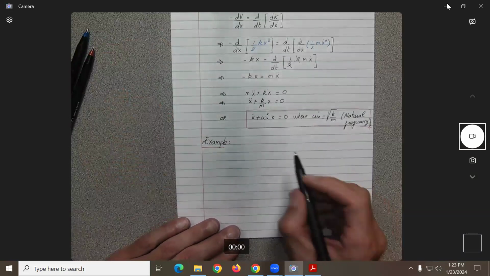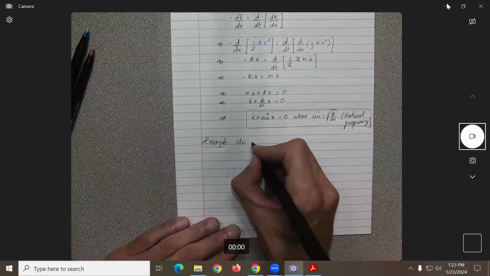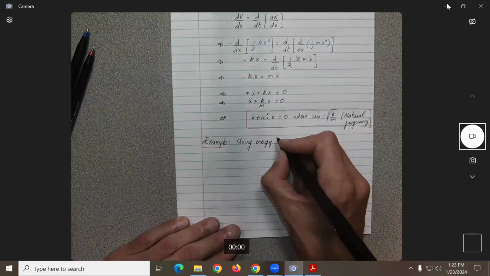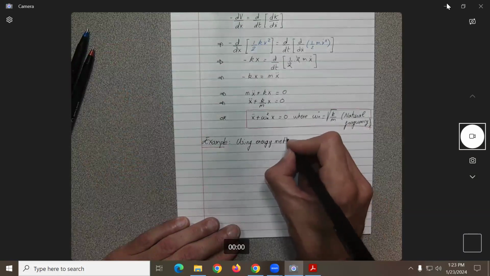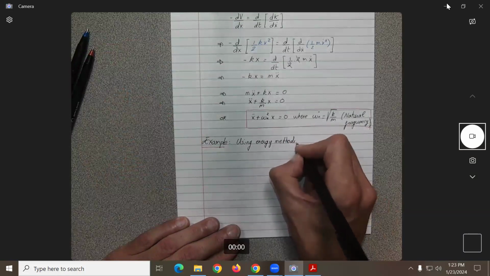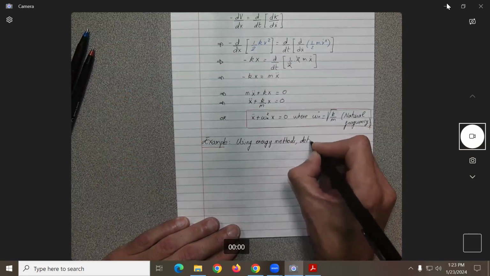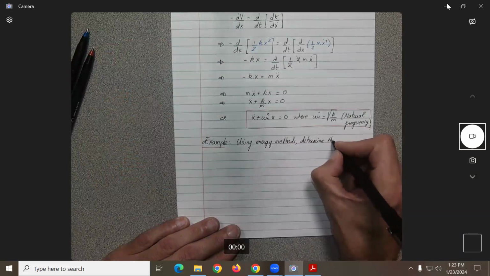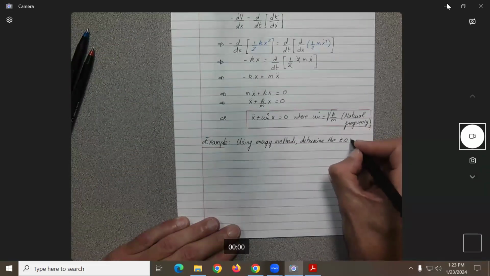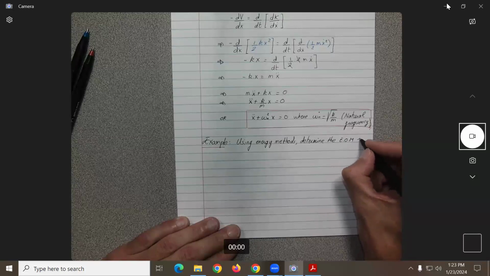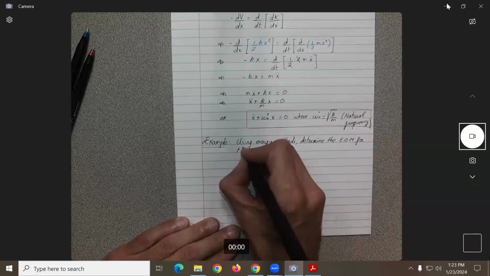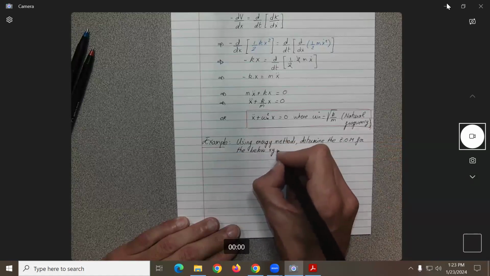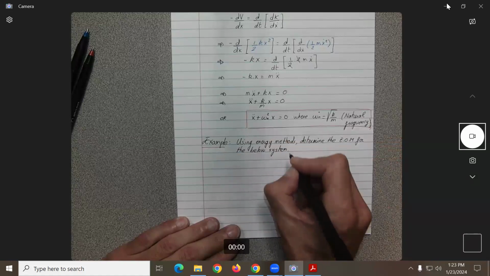So as before, using energy methods, determine the equation of motion for the below system.